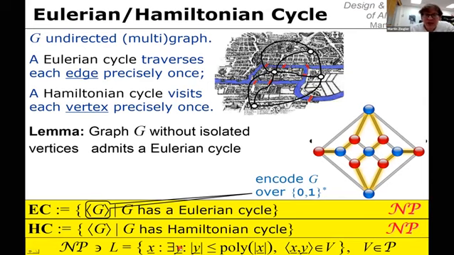As a witness for this graph to have a Eulerian cycle, we consider the very Eulerian cycle. We consider the sequence of edges in the very order that they are traversed as part of this Eulerian cycle.